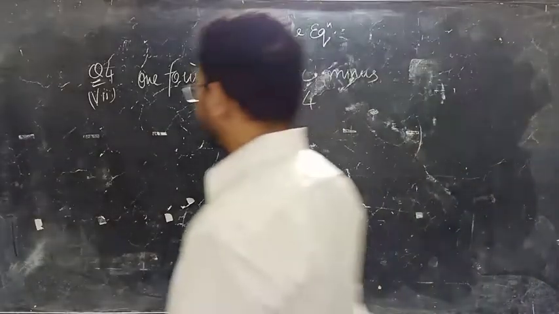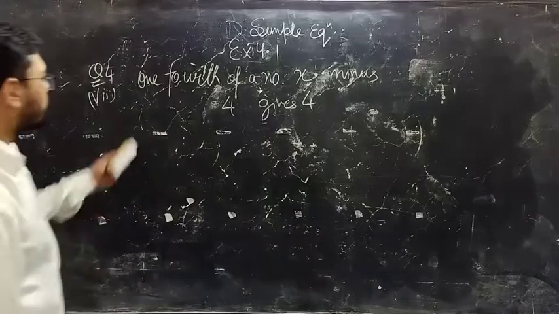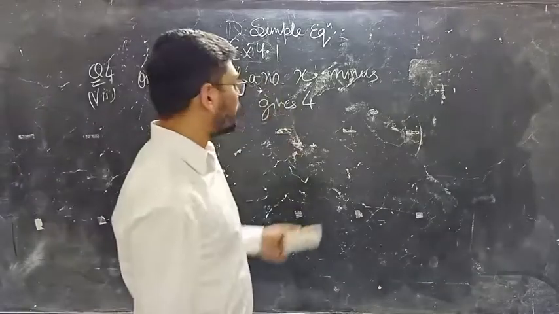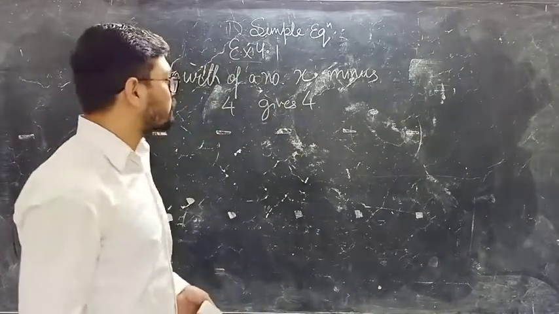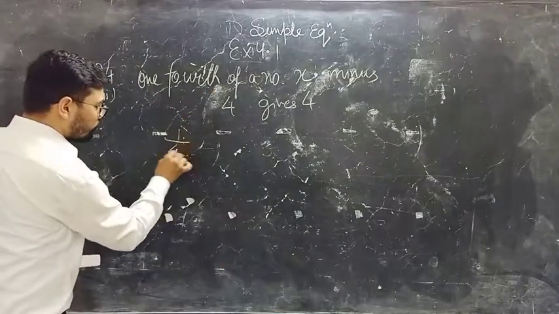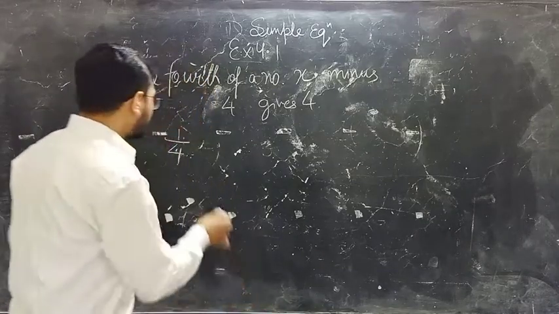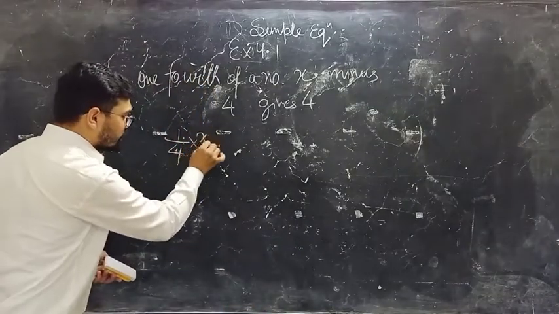Now the seventh part of question number 4. 1/4 of a number x minus 4. We don't know what the value of x is. So 1/4 of x.